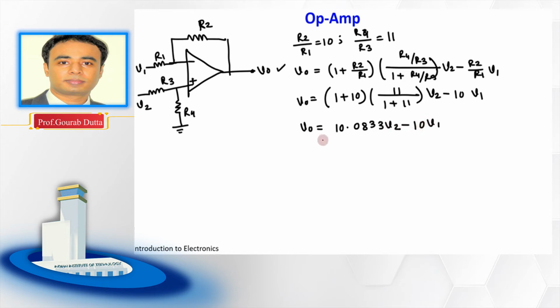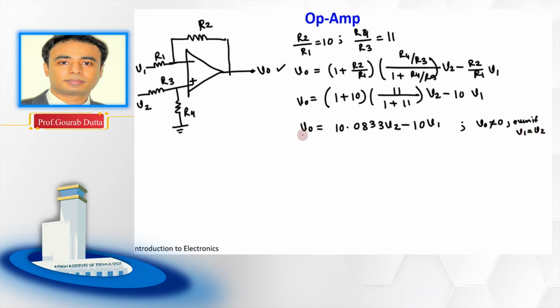So what you can see here now is that even if V1 equals V2, the output is not equal to 0. Please take note: the output is not equal to 0 even if V1 is equal to V2 for this case.